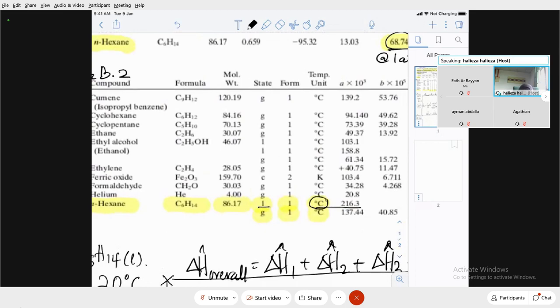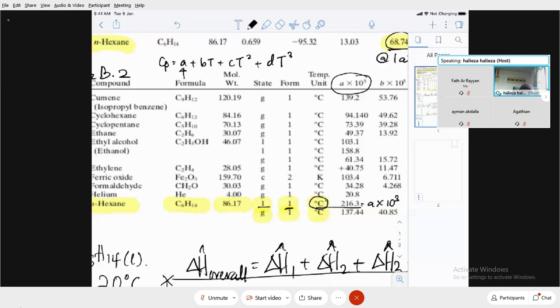We use degree C. We're going to use the first equation: Cp is equal to A plus Bt plus Ct squared plus Dt to the power of 3. Now let's look at this. I wanted A. This is A times 10 to the power of 3. So what is A?